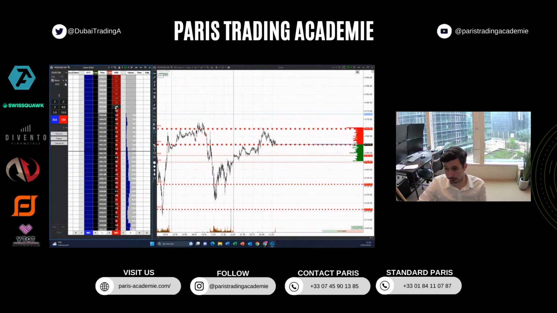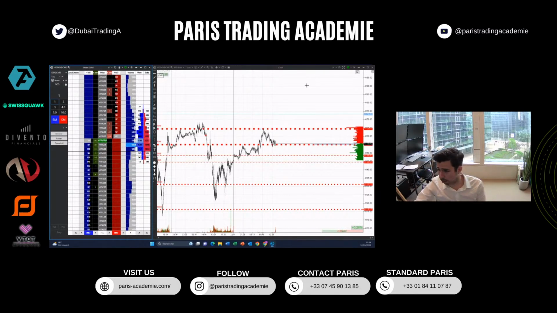So if we manage to break this level, we're going to want to take a long position here, and aim for that blue line that I just put. That is a previous level, a previous high point.